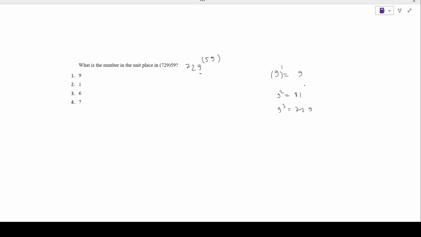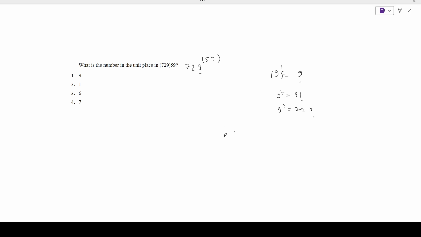When you see that the unit digits are being repeated, you stop here. From here we can easily see when the power is odd, we have unit digit as 9. When the power is even, the unit digit is 1.